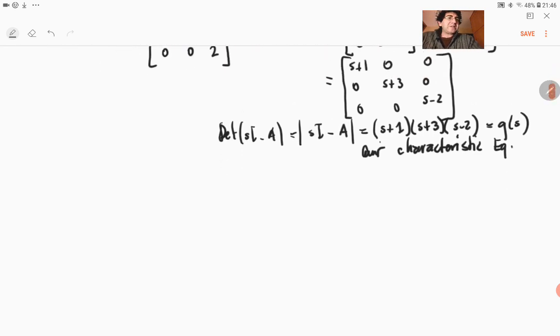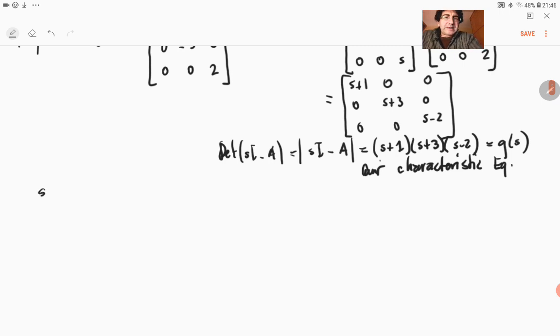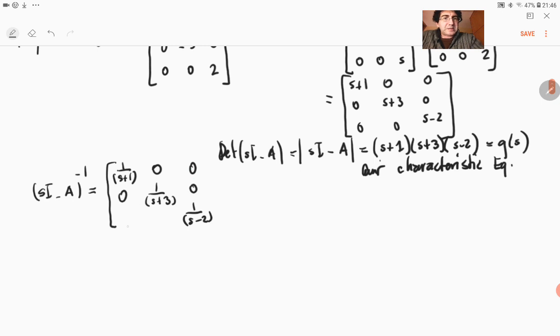Now let us calculate the inverse of this matrix, sI minus A inverse. Again, for a diagonal matrix, the inverse is very simple. It's just the inverse of all the diagonal entries, and the remaining entries remain as zeros.